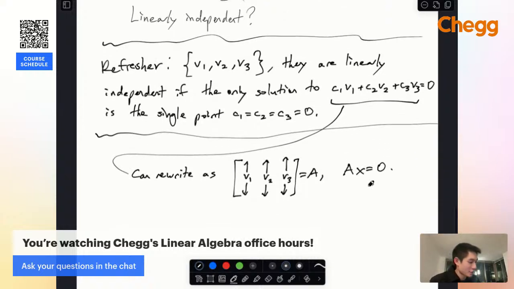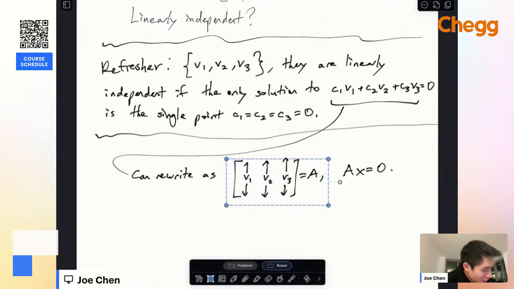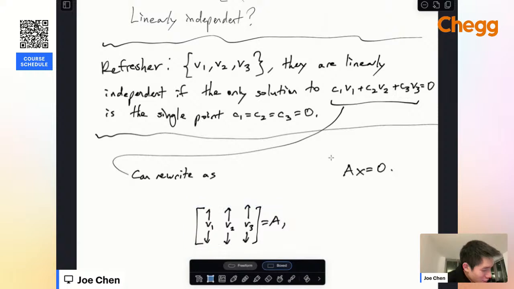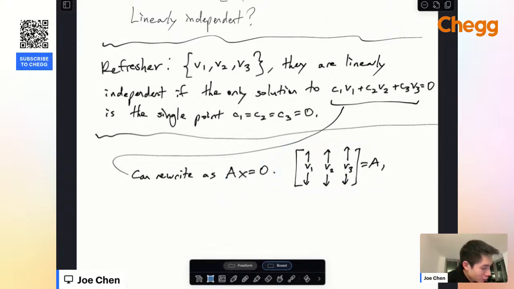So I can rewrite that equation as Ax equals 0, where A is the matrix formed by putting the vectors in as the columns of my matrix.